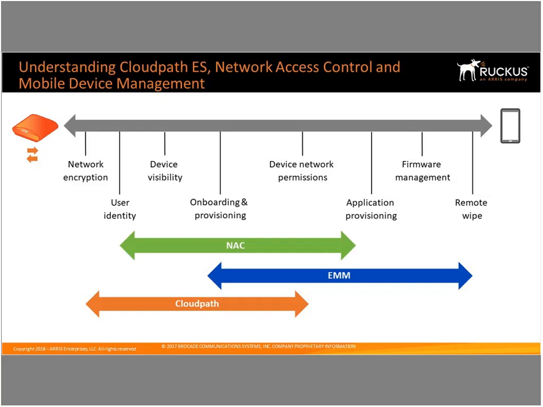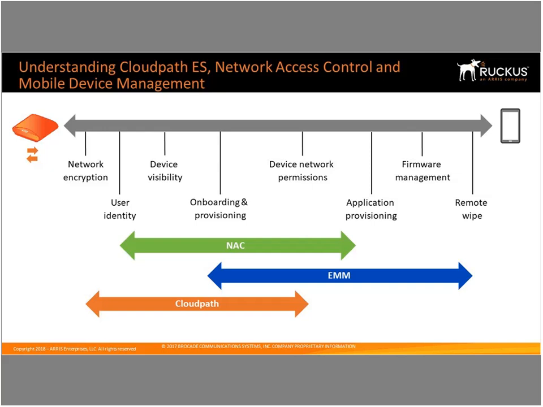One of the things that Cloudpath does not do is, while we still do most of the device posture check and remediation, we do it during onboarding. We don't do what we call a permanent or non-dissolvable persistent check and remediation.